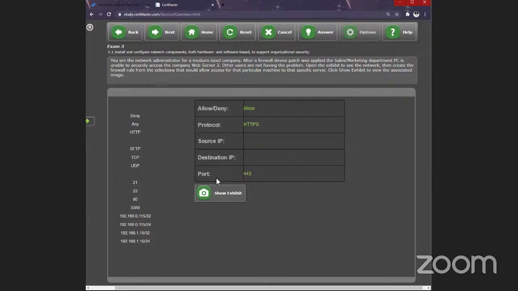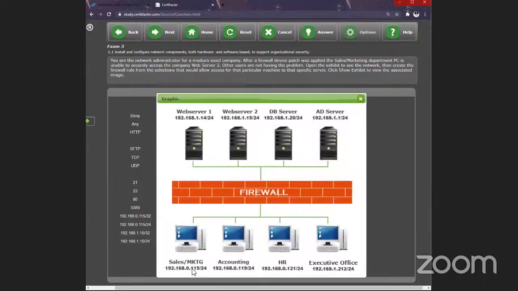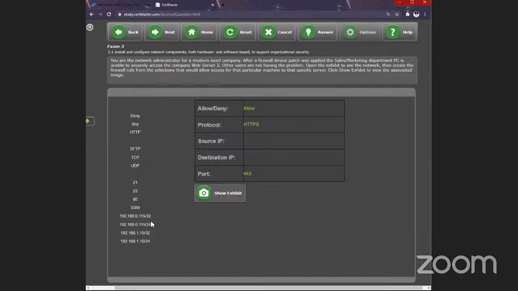The source would be, I believe, the 115/24, because that would be the sales marketing, and then the destination.